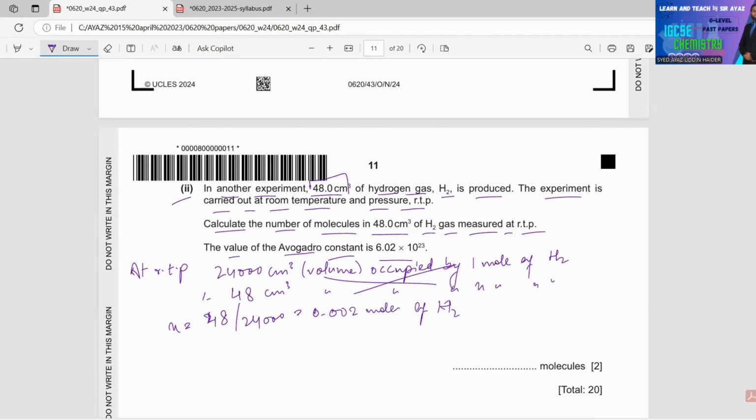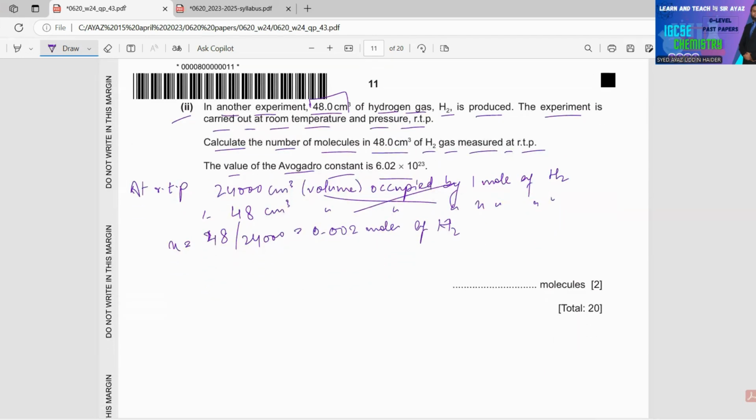Now you have the moles of H2. You can easily calculate the number of molecules. You simply have to multiply these moles by the Avogadro number. So we have 0.002 times 6.02 × 10^23.